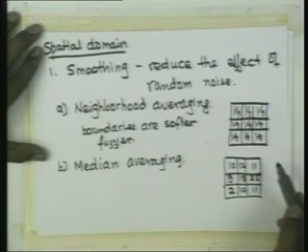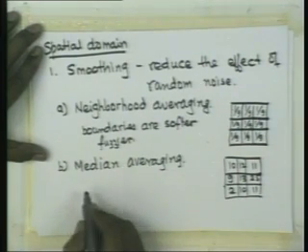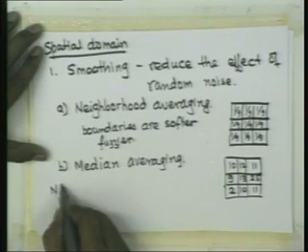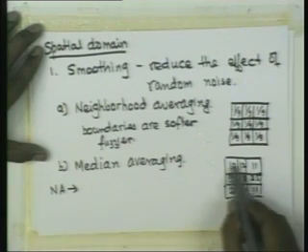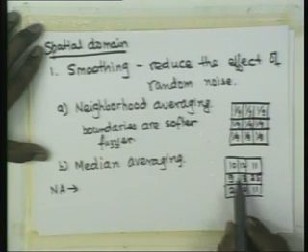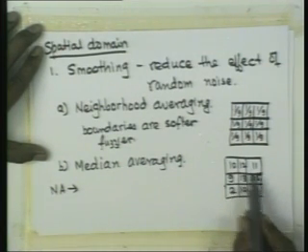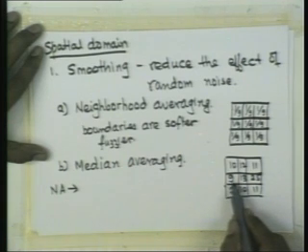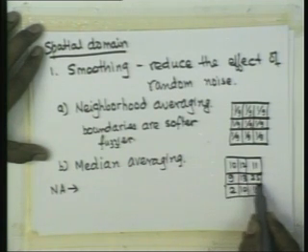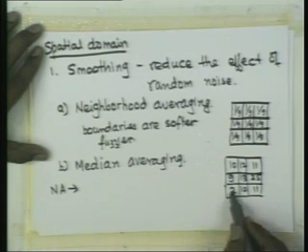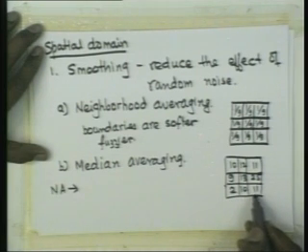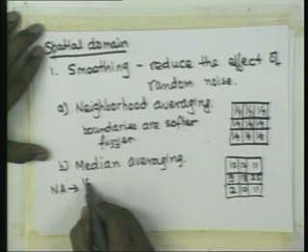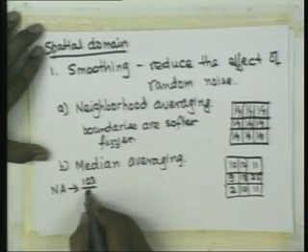If I apply the first mask, so in this case neighborhood averaging yields the sum of all this, which can be what, 22, 33, 42, 45, 55, 60, 80, 82, 92, 103 divided by 9.